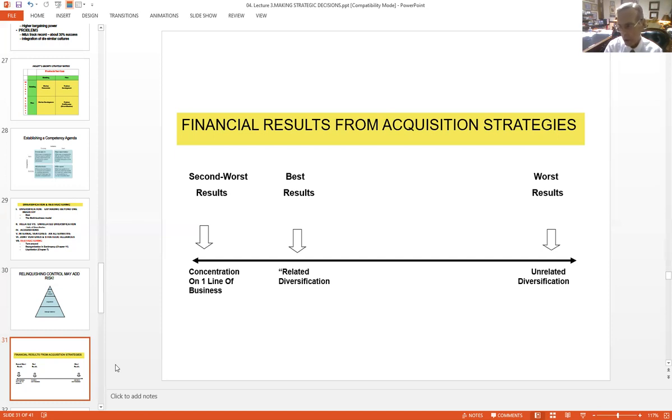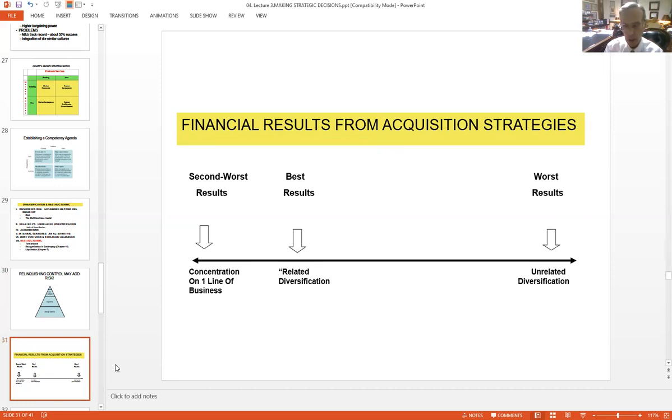His results were a lot more complicated than this diagram represents. He found different levels of relatedness between companies that were acquired, between the acquirer and the acquiree.